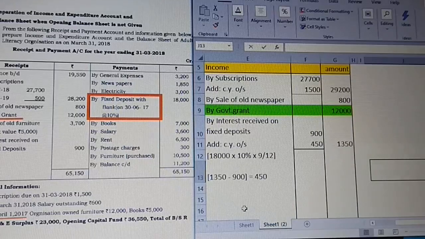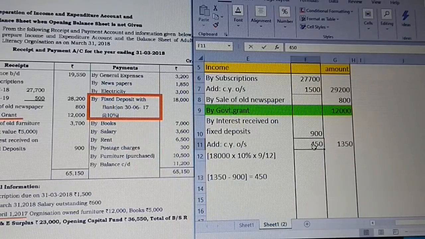I've just fixed it. So current year outstanding, that is 450, is what I've taken here.